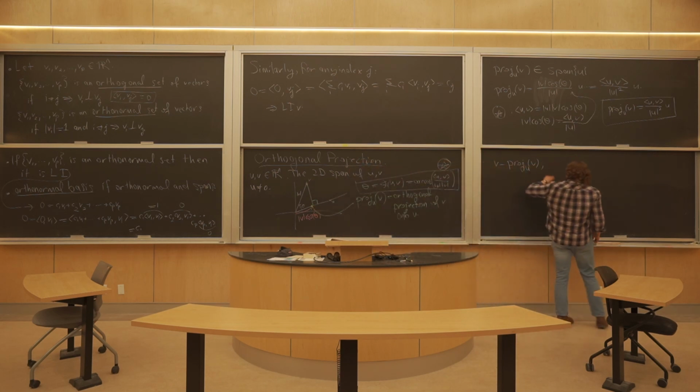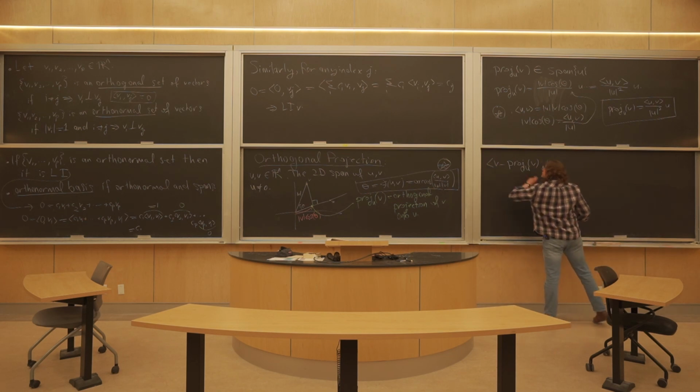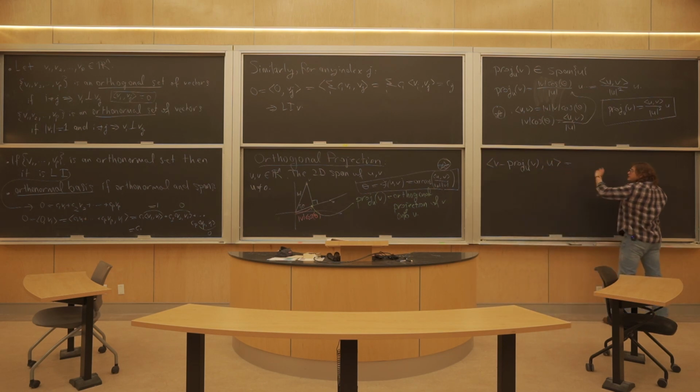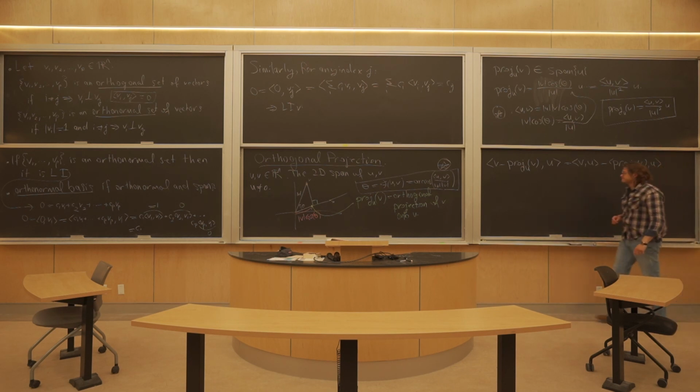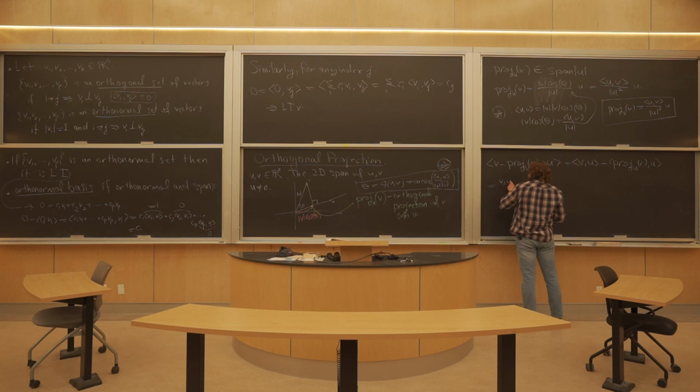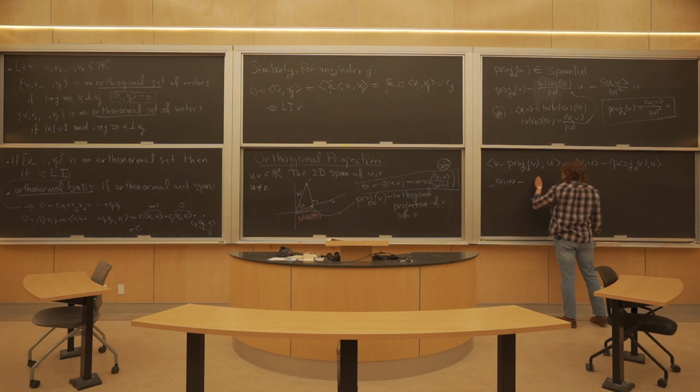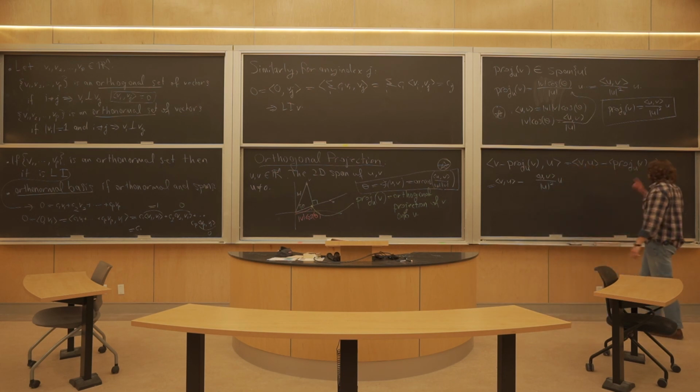If I were to take this against u, now what is this? This is v against u minus proj sub u of v against u. But this is given by that. So this is the first piece, and then this is that. U against v divided by u norm squared times u against u.